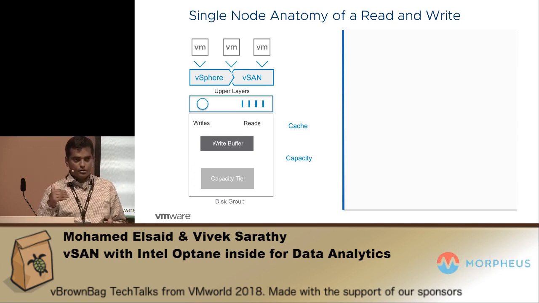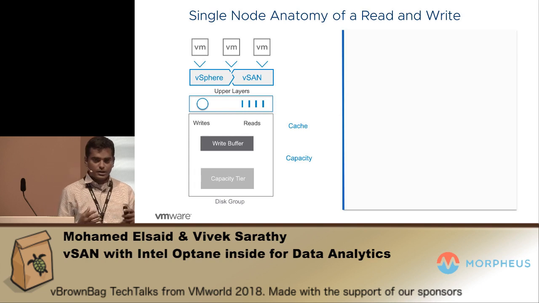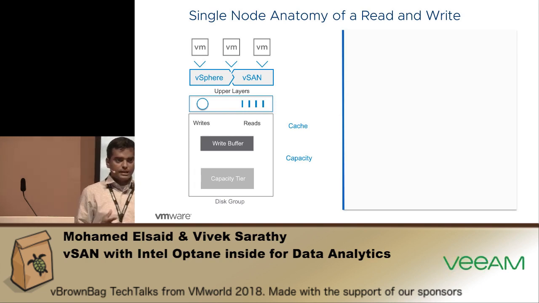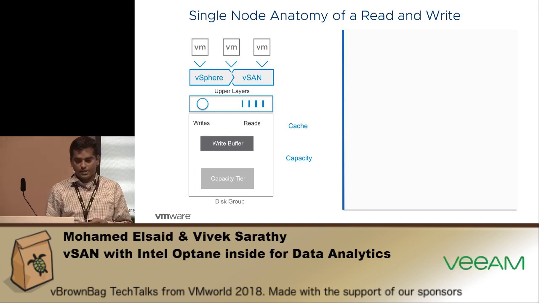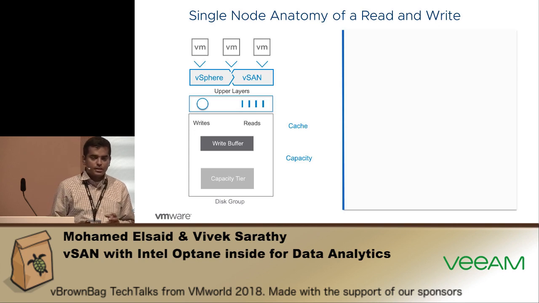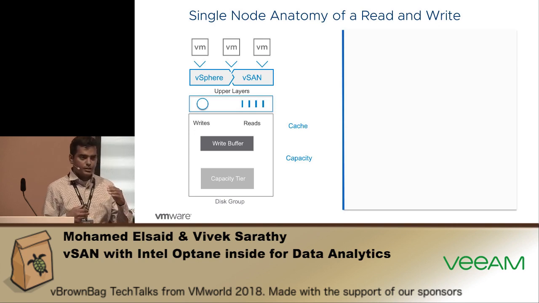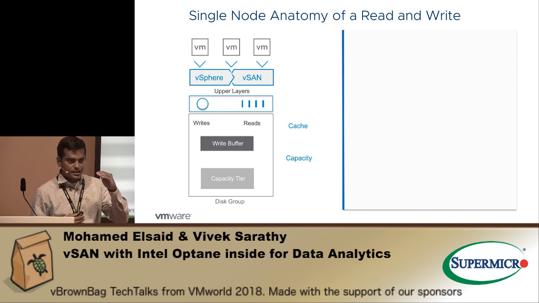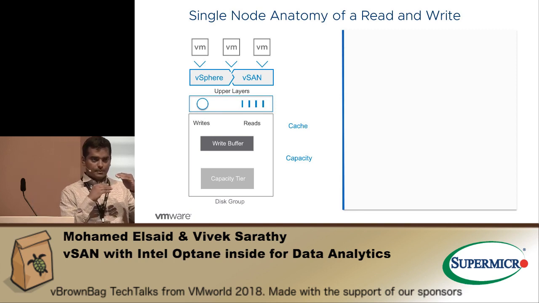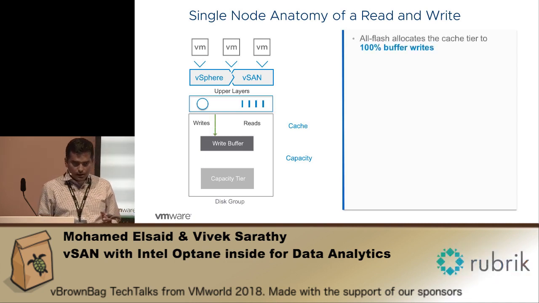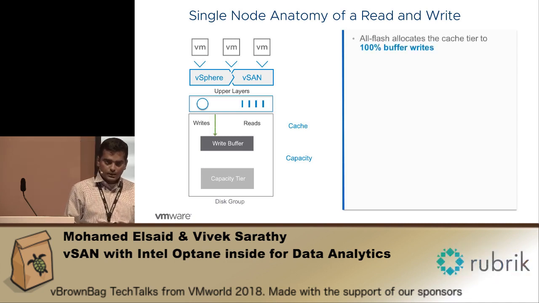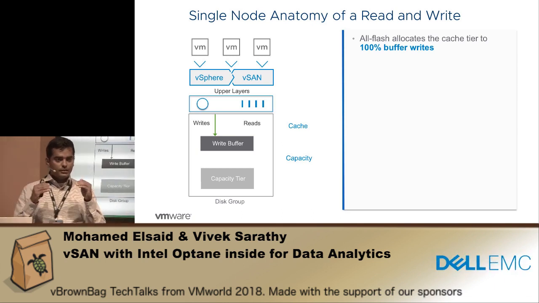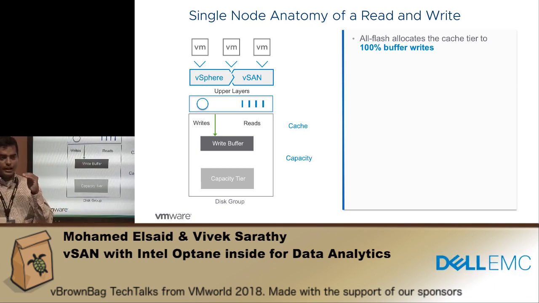Now, if you look at each node on its own, how does it function, and how does the read-write operation take place inside a vSAN architecture? What you see is you have two tiers of storage. One is your caching tier, and the other one is your capacity tier, right? If you look at the I/O path, the caching tier acts as a 100% write buffer.